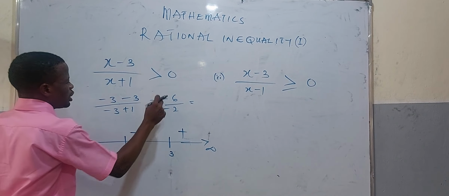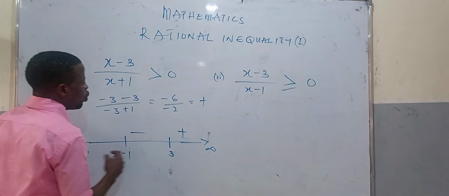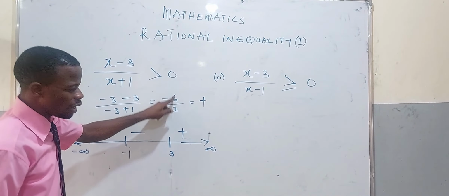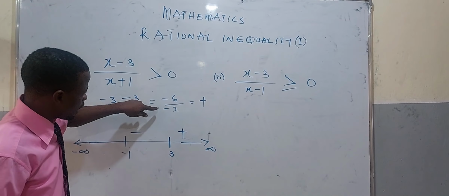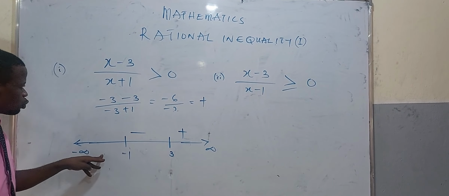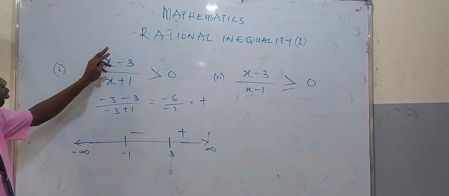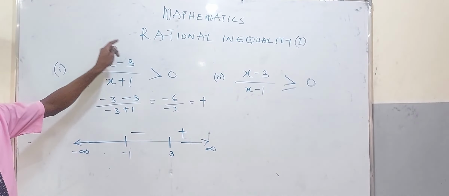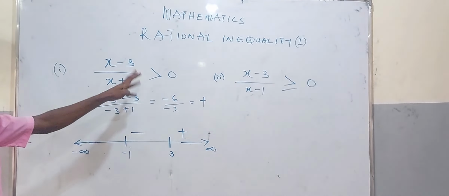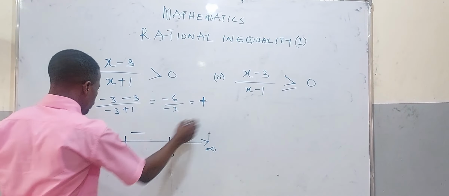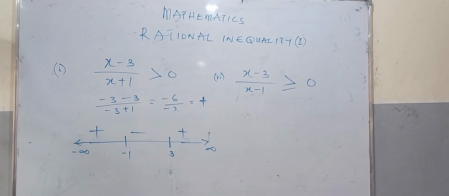Minus divided by minus is positive. These numbers are not our business; the signs are our business. Negative 2 still gives us a negative value, so negative by negative is positive. This side has a positive sign.